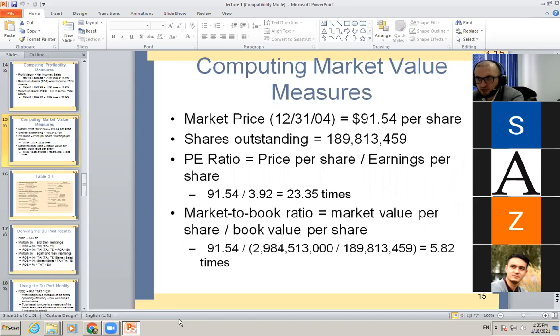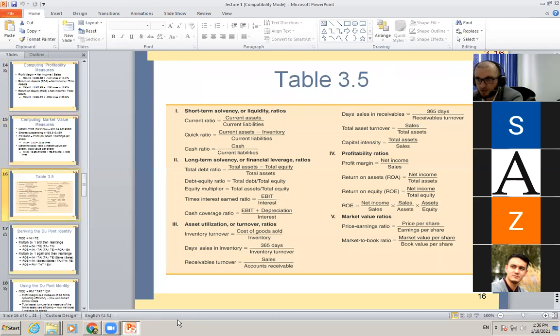Coming to the market value measures, we've got market price, shares outstanding, price-earnings ratio, and market-to-book ratio. These ratios are provided as well. You are expected to know these ratios. I'm not going to go deep into these ratios. And this is the summary of the ratios that has been divided into five categories, like short-term solvency, long-term solvency, asset utilization.